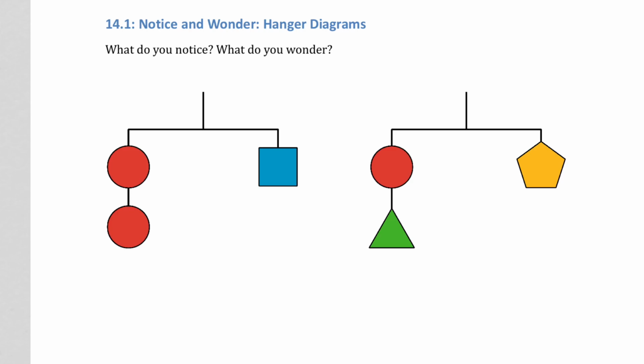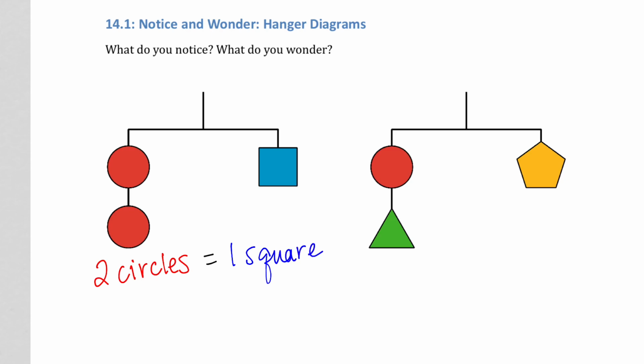So what we did with this is we looked at these and said 2 circles equals 1 square. When it's like that, does that mean it's balanced? Yes. Okay.